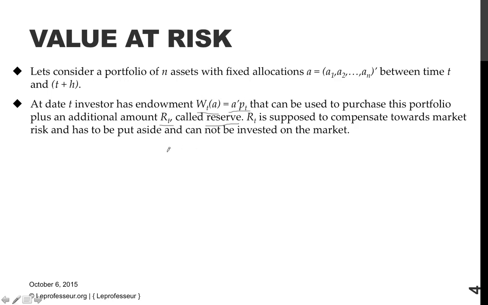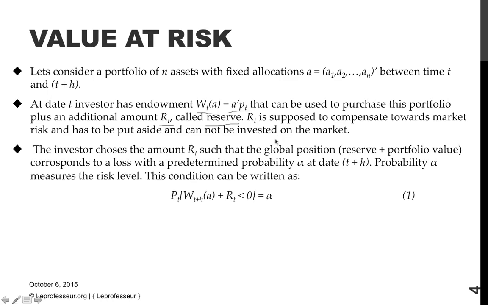The investor chooses an amount R_t such that the global position, meaning your reserve plus portfolio value, corresponds to a loss with a predetermined probability alpha. Means that the whole thing relates to a loss at a certain probability level at a future date. Let's say your time horizon is 1 day, so the next day, right?